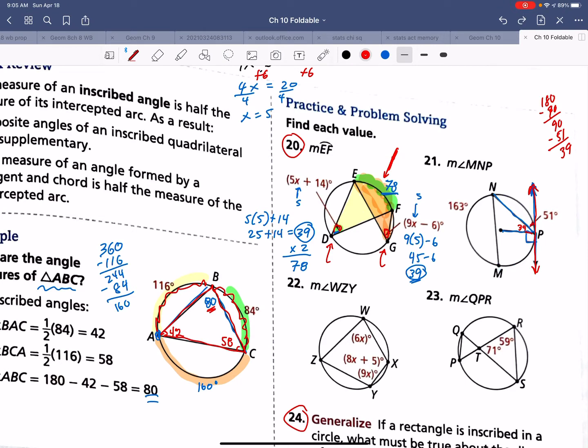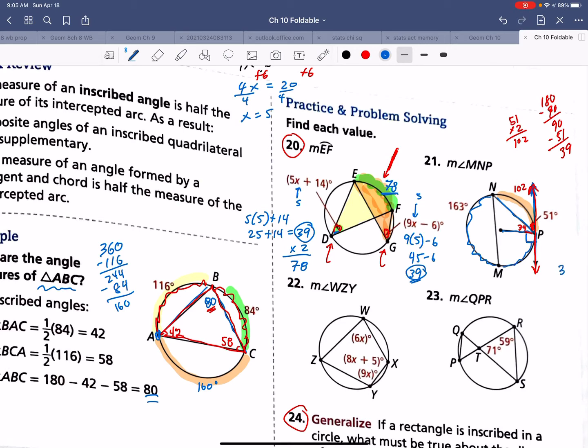If this angle is 51, then this snow has to be double that. So 51 times 2 is 102. This has to be 102. Interesting, they told us this arc is 163, excuse me. And so how much arc do we have left over?